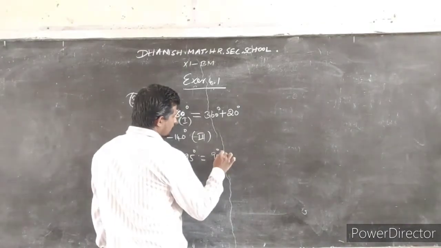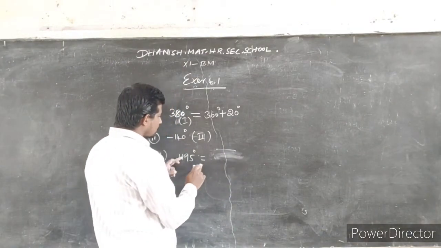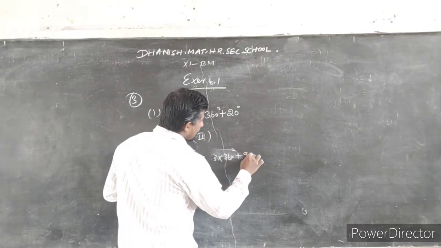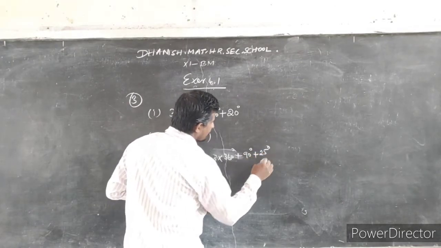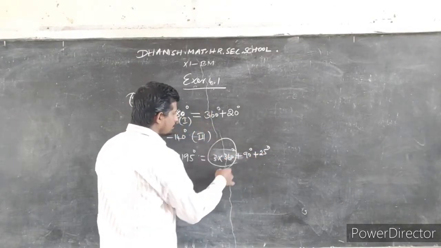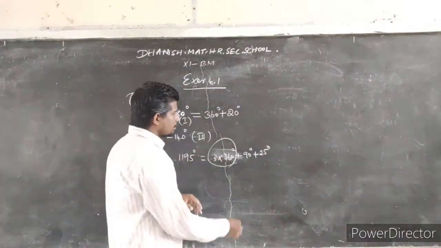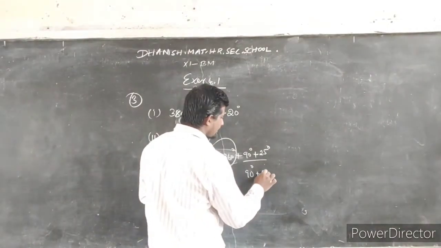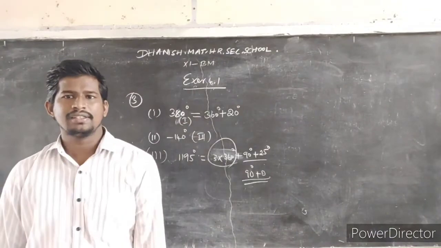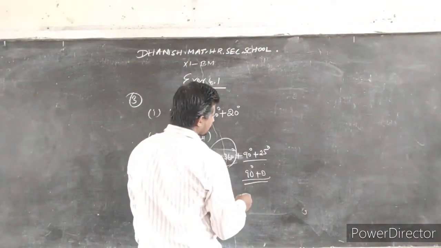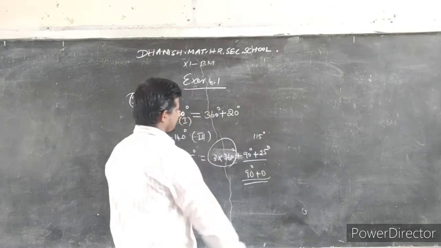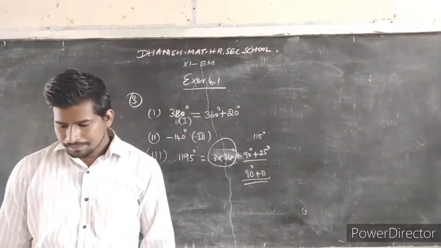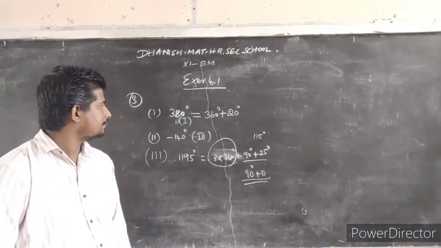This degree can be written as 3 into 360 degree plus 90 degree plus 25 degree. This is the way we omitted this complete rotation. So what is the remaining? 90 degree plus 25 degree. We can take the 25 degree as theta. So 90 degree plus theta, that is 115 degree. So 115 degree lies in the second quadrant.